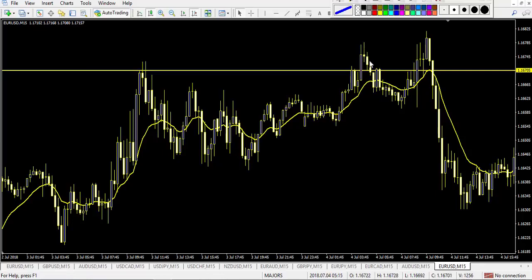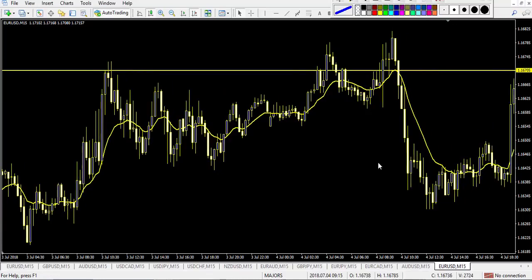This is my first leg, and after it breaks up again, this is my second leg. So we have this first leg right here, and second leg right here. And this is your entry point, your stop loss, and 1-to-1 risk reward is met very easily, and the second I think will be met very easily too. So this is a winner once again.